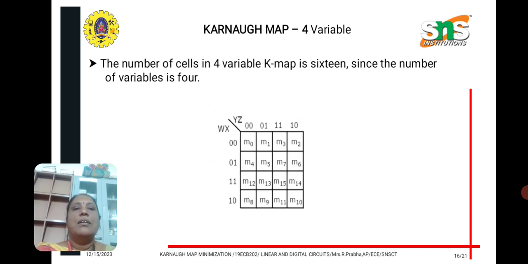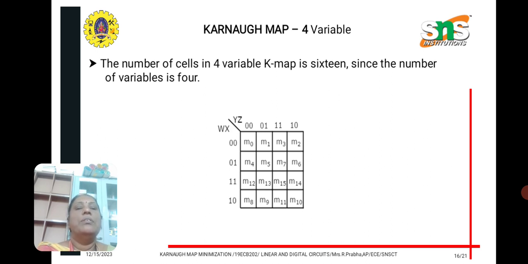And next is Karnaugh map for 4 variables. The number of cells in 4 variable K-map is 16, 2 power 4, since the number of variables is 4. There are 4 columns and 4 rows, so totally 16 cells.